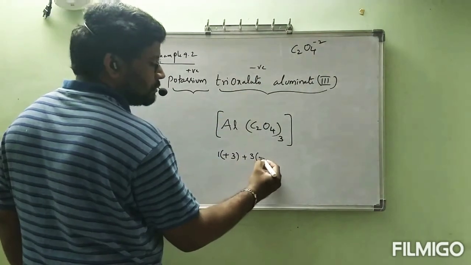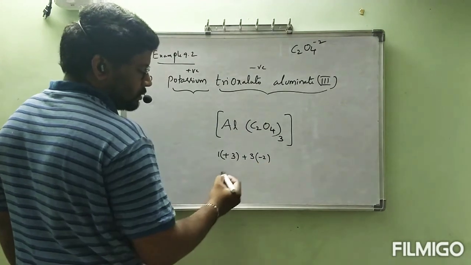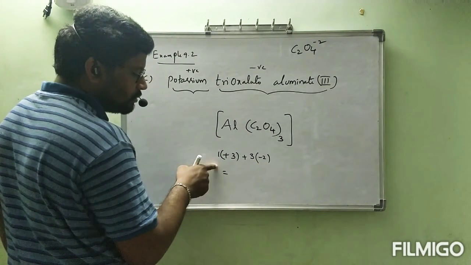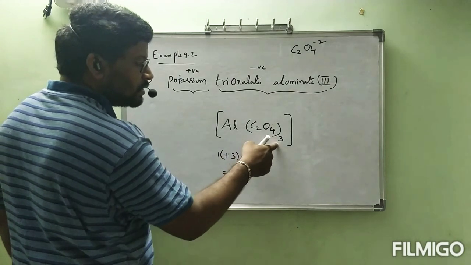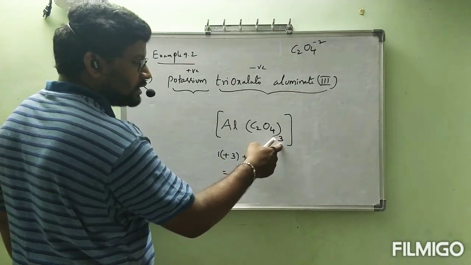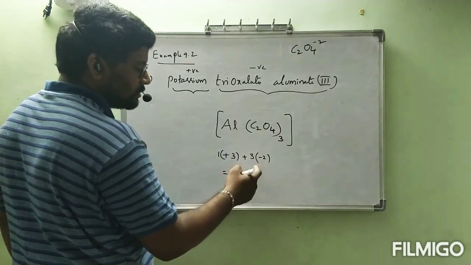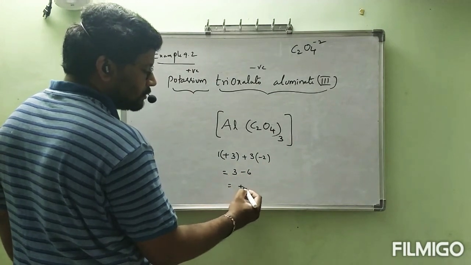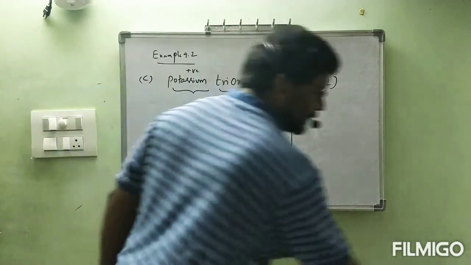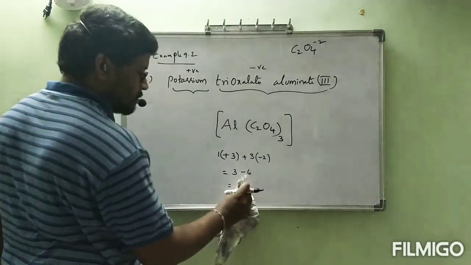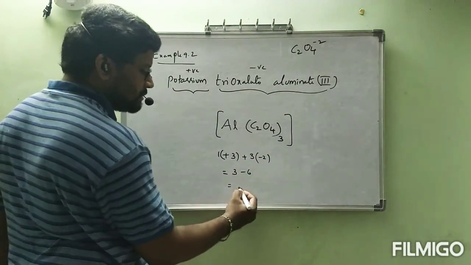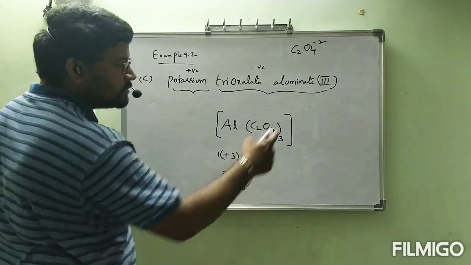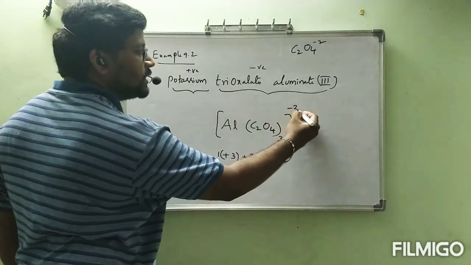Minus 2. So 1 into plus 3, plus 3 into minus 2, plus 3 minus 6 is equal to minus 3. This is the charge present on complex. Minus 3.